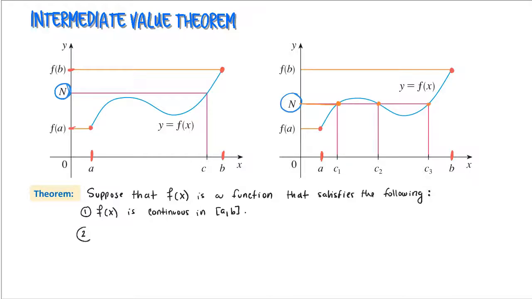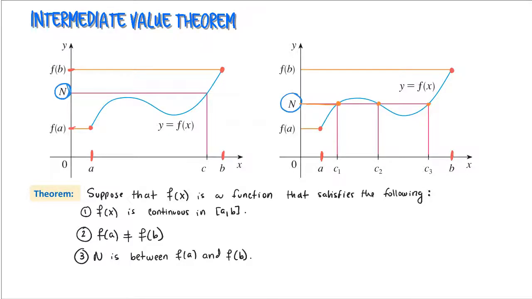Number 2, f of a shouldn't be equal to f of b. And that's because we're going to choose a number n, remember, and n has to be between f of a and f of b. We don't want them to be the same. So this is why. Number 3, n is between f of a and f of b.